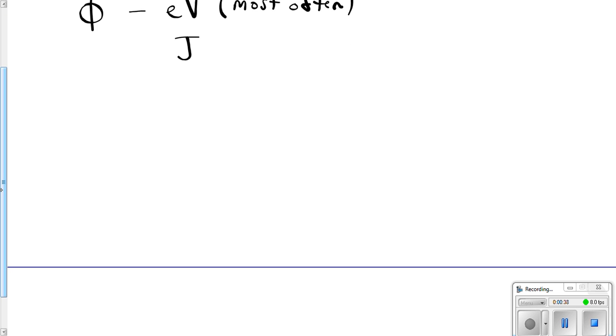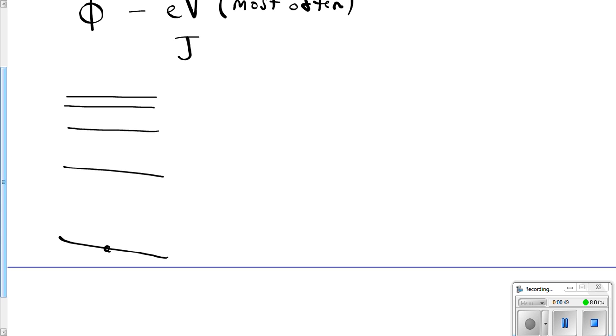So if you think about a piece of metal, like tungsten or some other type of common metal, it has energy levels just like all atoms would have, and it has energy values associated with those levels. So minus 20 eV, minus 10.5 eV, minus 5.4 eV, and so on and so forth.